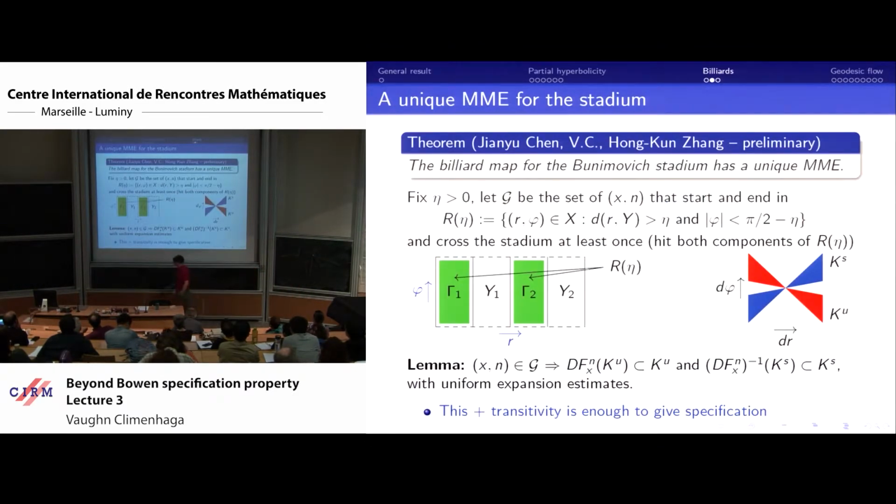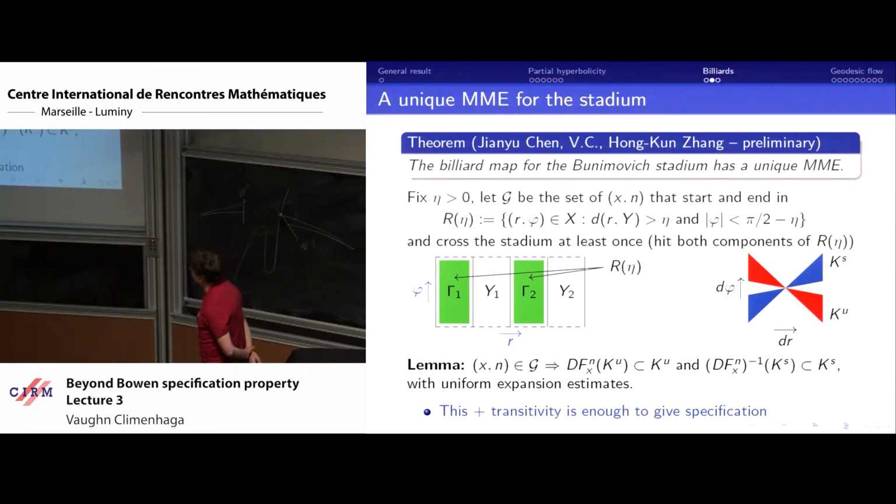So the theorem, this is joint work with Jianyu Chen and Hongkun Zhang. It is preliminary in the sense that we've written half the paper, but there are still some details to write down. The theorem is that the Bunimovich Stadium map has a unique MME.